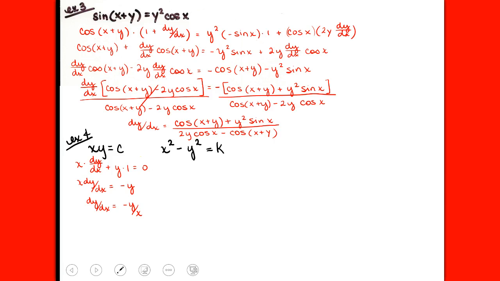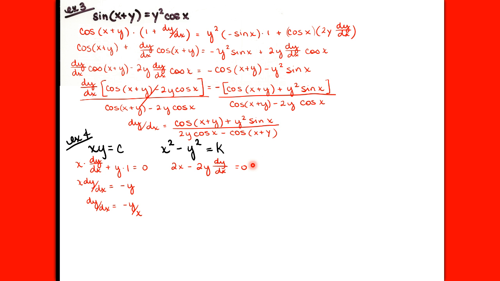All right, let's do our implicit differentiation on our second equation. The derivative of x squared is 2x, and the derivative of y squared is 2y, and we have to leave the dy/dx in there because y was not in terms of x. And again, the derivative of a constant is 0.